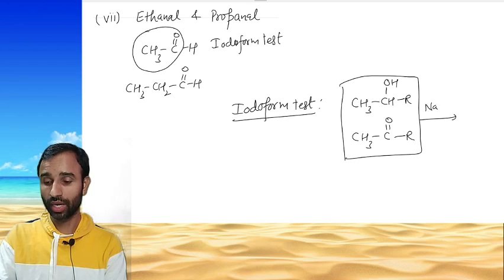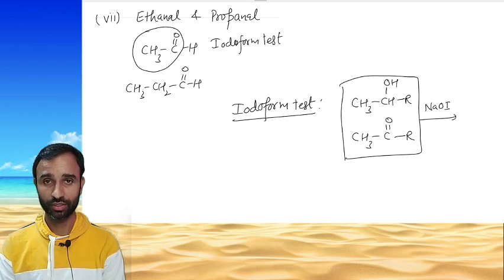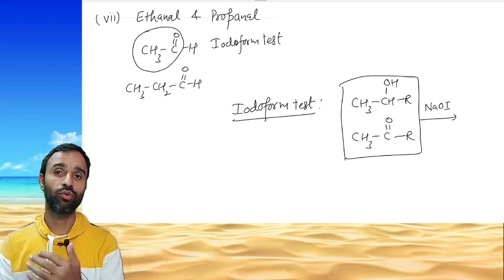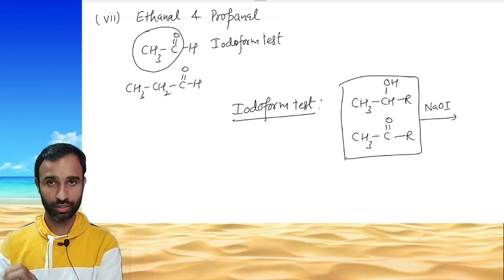So NaOH and I2, or simply you can write NaOI, sodium hypoiodite, because NaOH when reacted with I2 gives NaOI, NaIO3 and H2O.